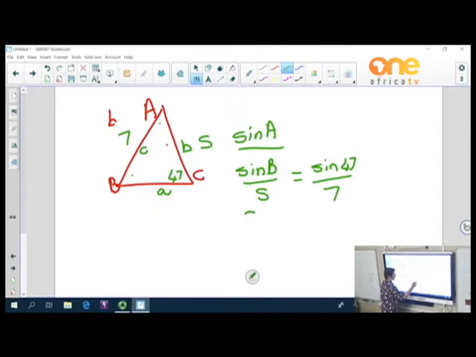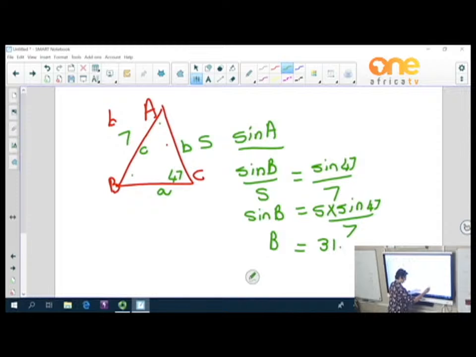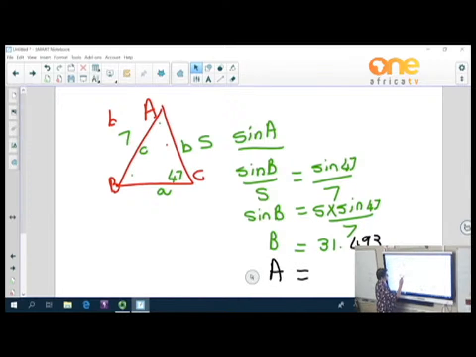Now it is possible to find B, and then we will find A. So 5 times sine 47 divide by 7. This is second function sine because you want the angle, and I get that B is then 31.493. I'm not going to round off now because I will round off in the final answer. And now we can find A: 180 degrees minus 47 minus that 31, and my answer is 101.5 degrees.